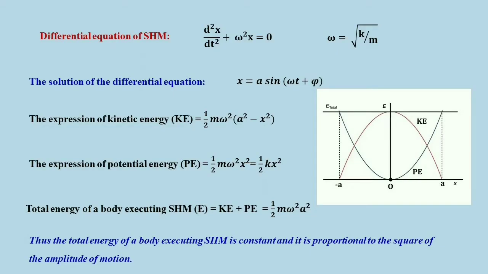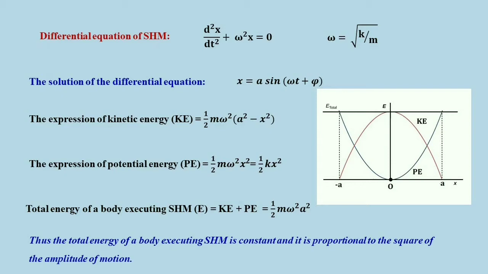When we were discussing simple harmonic motion, we solved the differential equation d2x/dt2 plus omega square x equal to 0, the differential equation of SHM. We solved it in detail and obtained the solution x equal to a sin(omega t plus phi). The quantity a is called the amplitude of motion, that is, the maximum displacement from the equilibrium position.